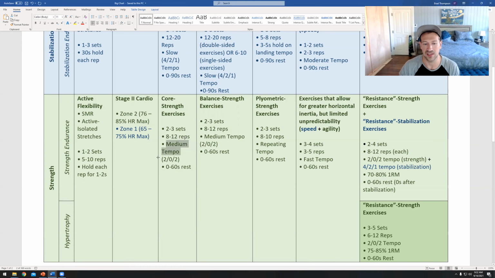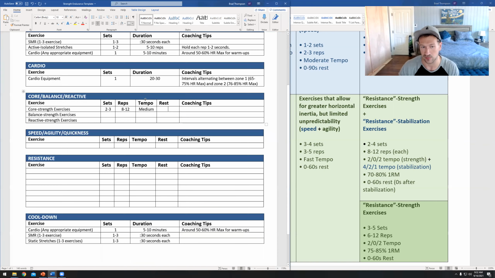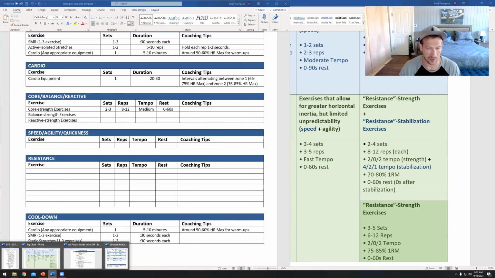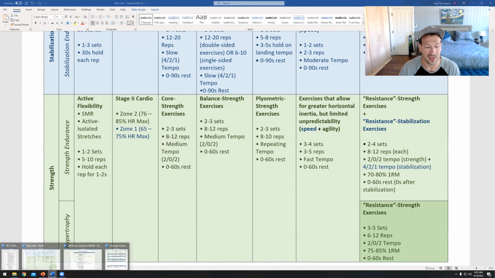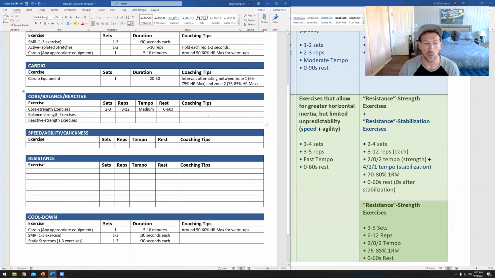And then our rest is going to be 0 to 60 seconds of rest. So we're making that a little bit shorter. And then what did I say in the coaching tips? I keep forgetting. Oh yeah, full range of movement of the spine. What makes something a core strength? It's full range of motion of the spine during the movement.